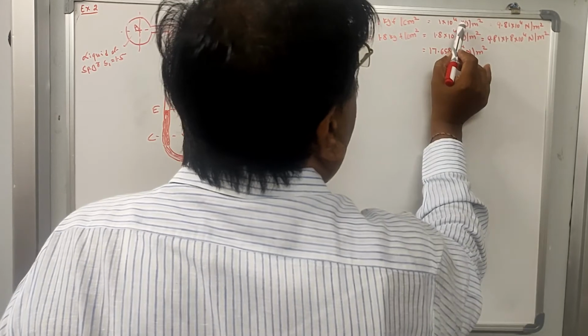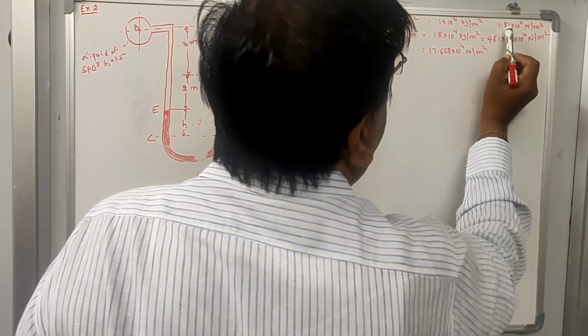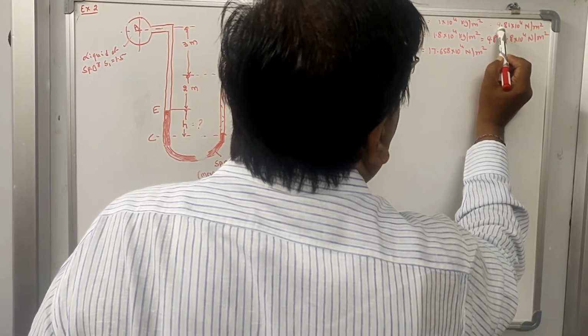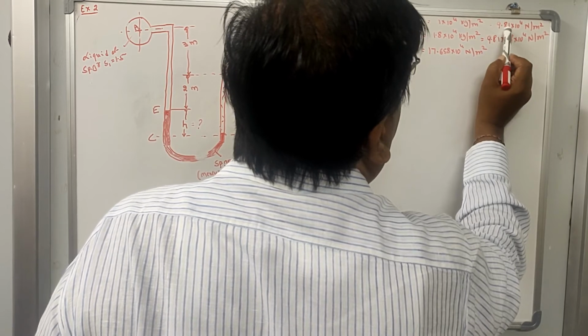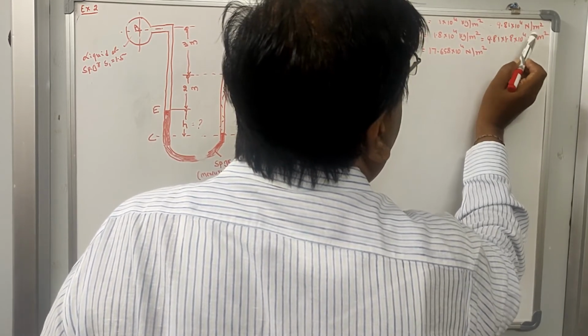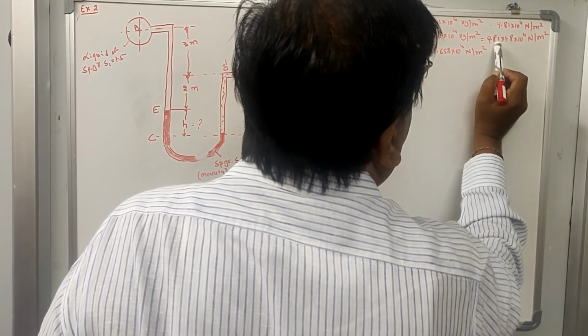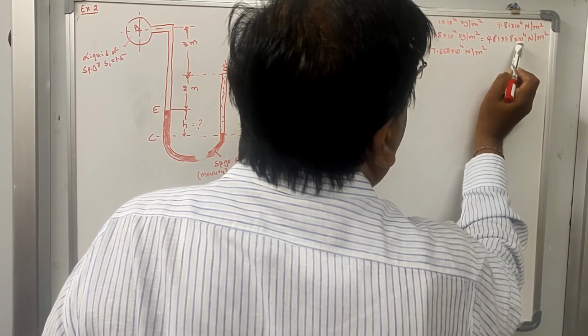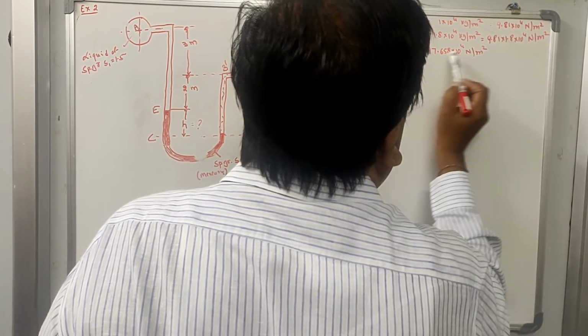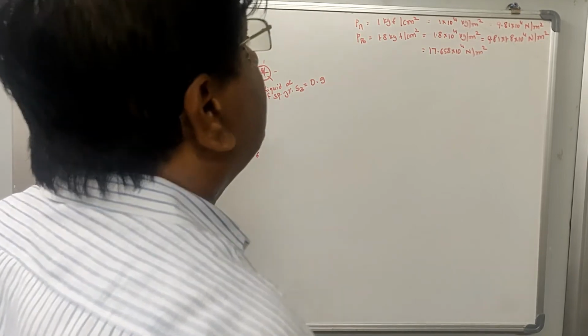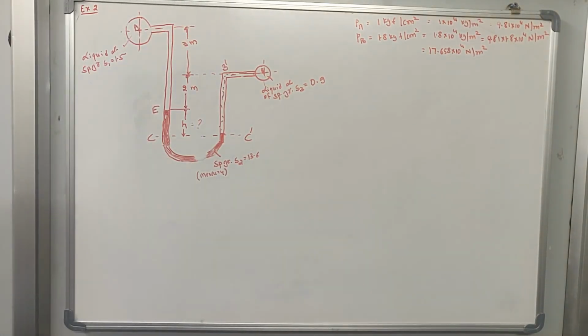Now I am converting kg into Newton by multiplying by 9.81, so 9.81 into 1.8 into 10 raised to 4 Newton per meter square, or it is 17.658 into 10 raised to 4 Newton per meter square.